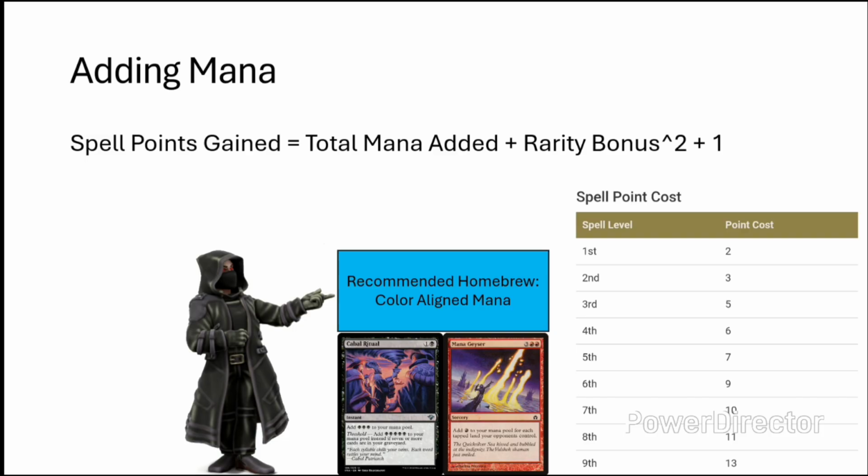Anyway, when you have an ability that has you gaining spell points, the total spell points gained will be equal to the total mana added plus your rarity bonus squared plus 1, much like how we calculated the spell's level.